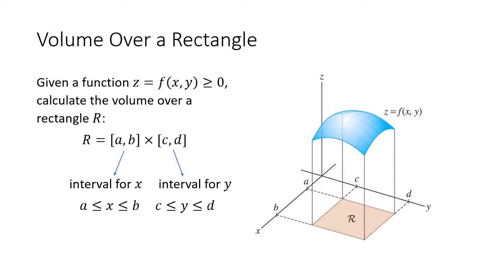We're going to denote our rectangle R in this manner. R equals, and then we have an interval for our x-axis, which is between A and B, and then an interval for our y-axis, which we're going to denote as being between C and D. When we see that notation for R with those two intervals, that's telling you the first interval is for your x variable, the second interval is for your y variable.